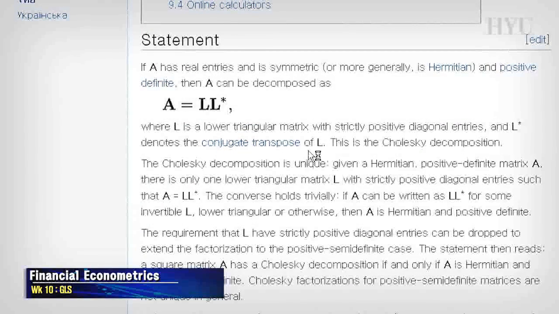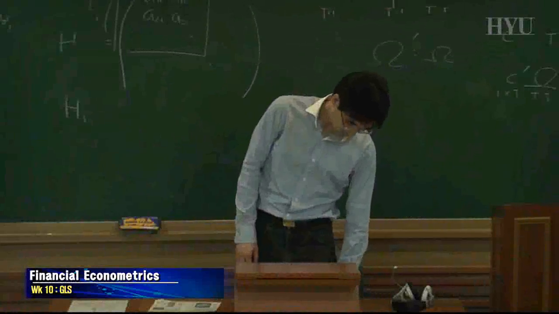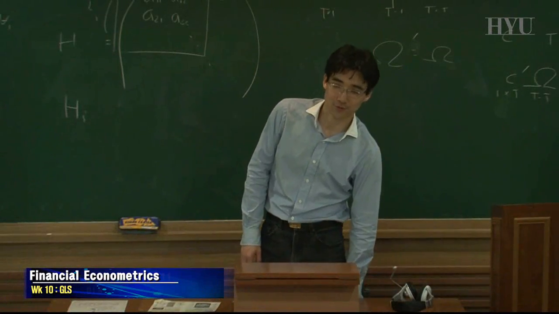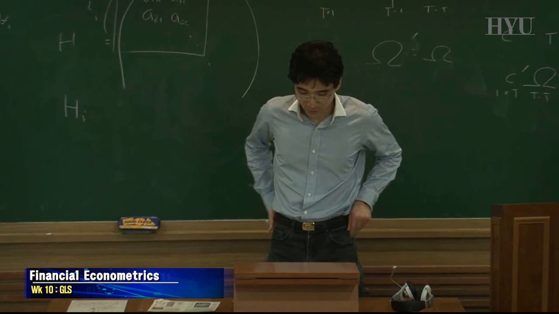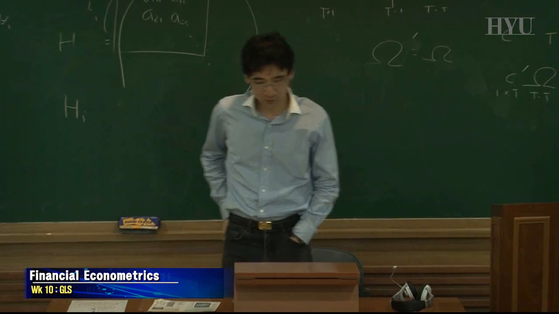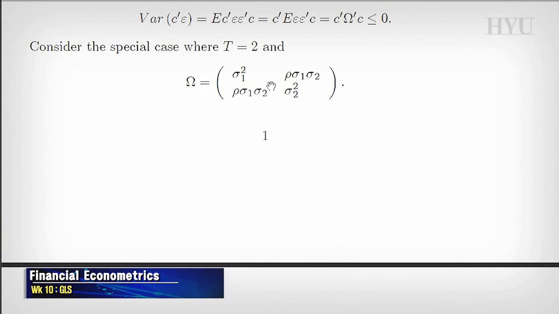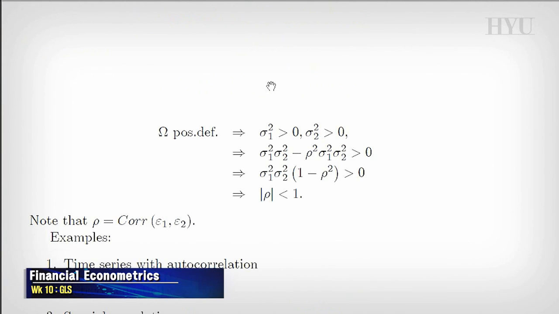So if there is a unique Cholesky decomposition, then this is positive semi-definite. Any question? Okay, so as far as the correlation is one, then a general variance matrix is positive semi-definite.